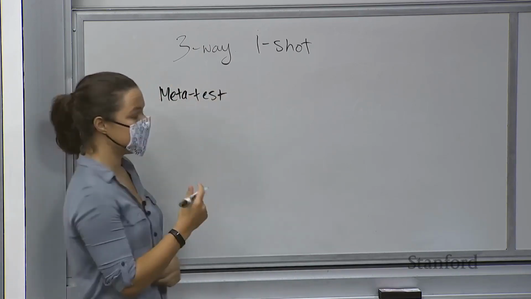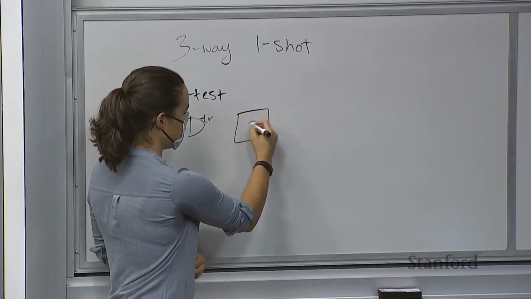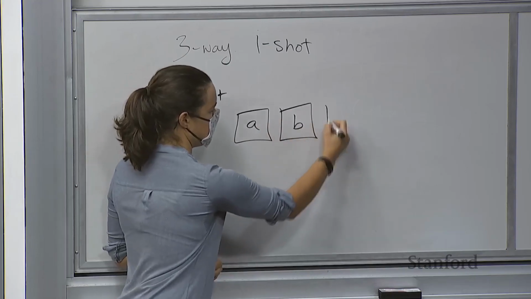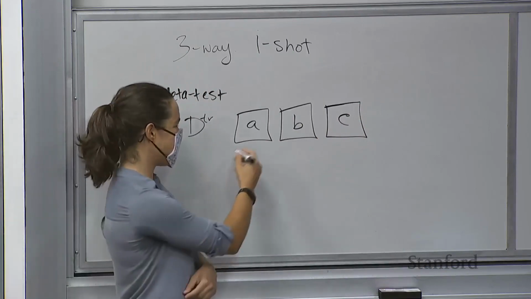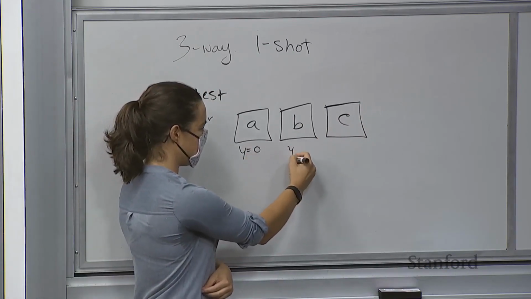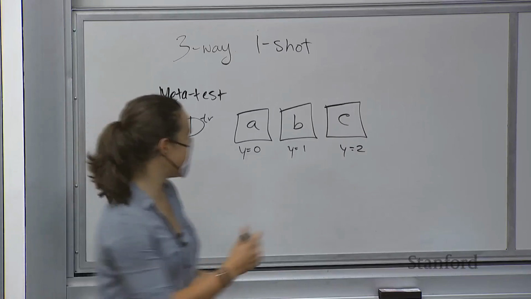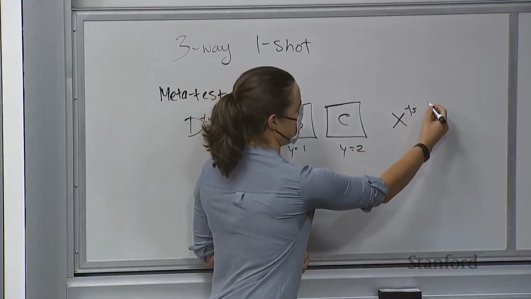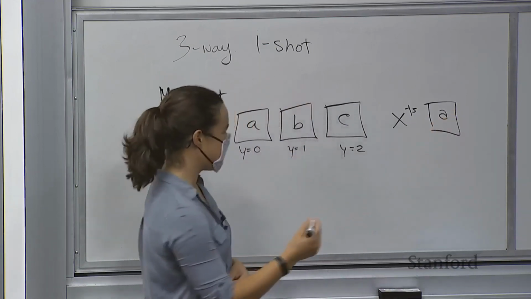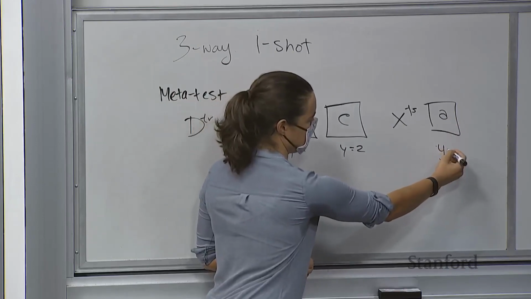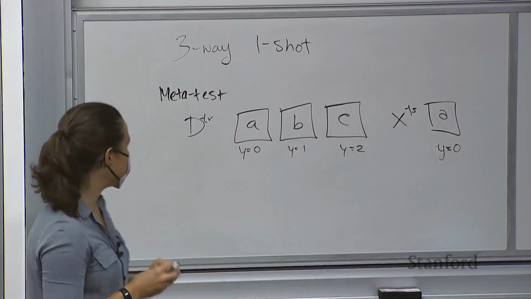At meta test time, we're given a new task, and we have a training dataset for that task, which will be 3 different images, maybe A, B, and C from the English alphabet, and we'll assign a label for each of these images: y equals 0, y equals 1, and y equals 2. And then we also have a test example, which will be an image of maybe A written in a slightly different way. Your goal is to predict the correct label for this, which is y equals 0.